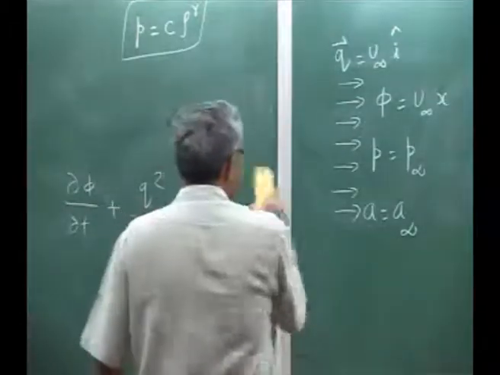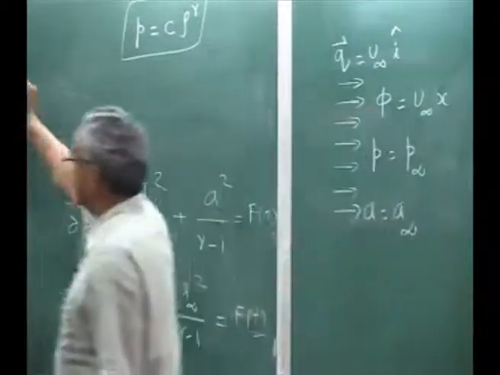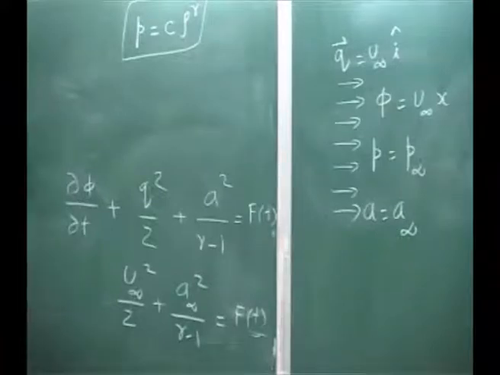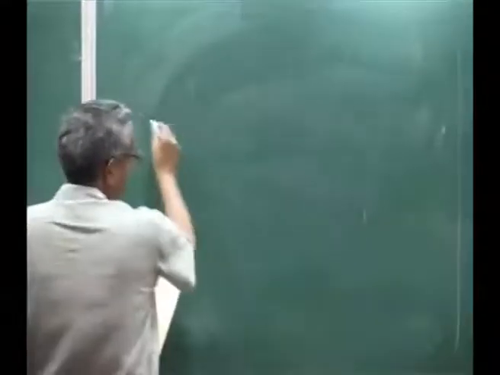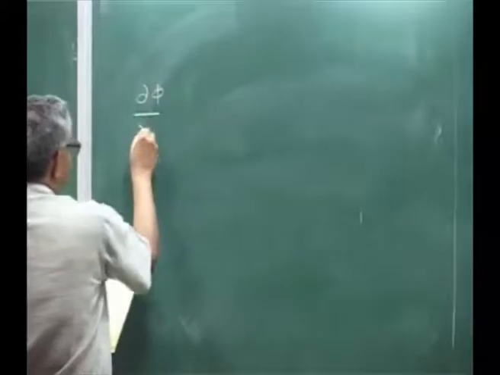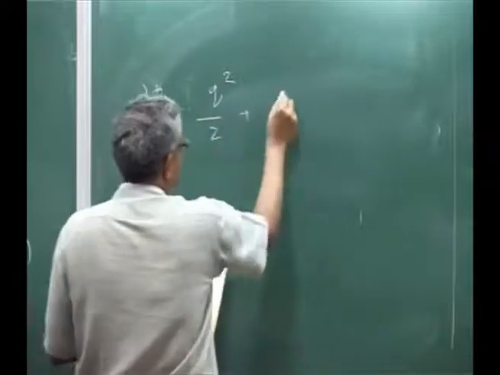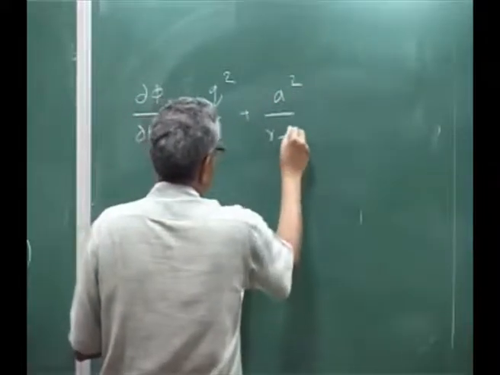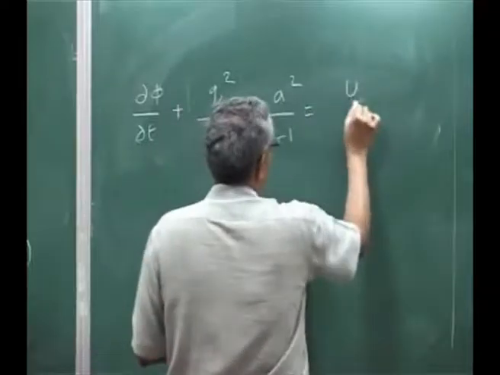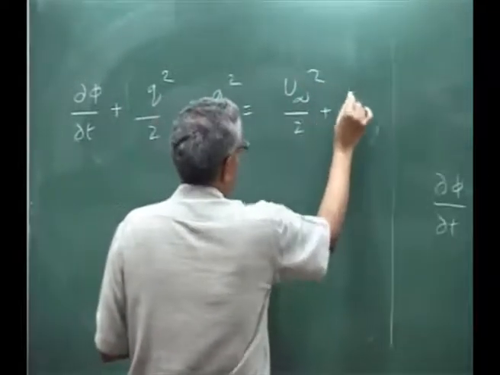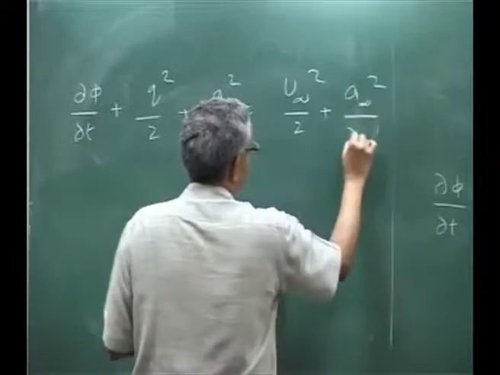Therefore, my equation becomes, if I sum it up, delta phi over delta t plus q square over 2 plus a square over gamma minus 1 equals that constant.